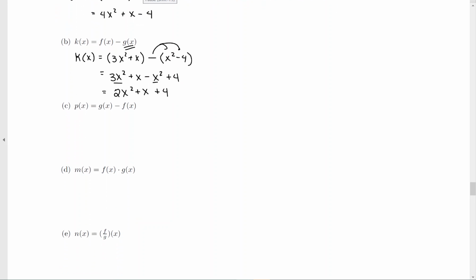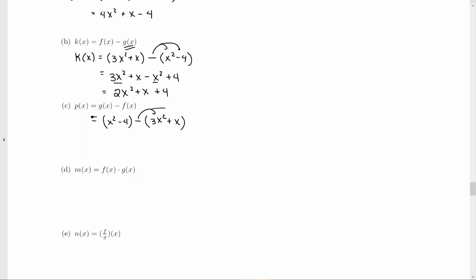For the next function, p of x, we're subtracting again, but the order is different. So I have to pay attention to which function I put first. G of x is my x squared minus 4 function, in parentheses, minus my f of x function, again in parentheses, 3x squared plus x.